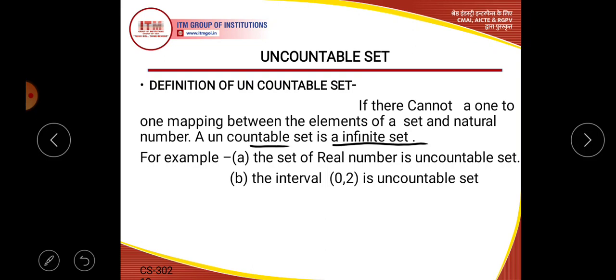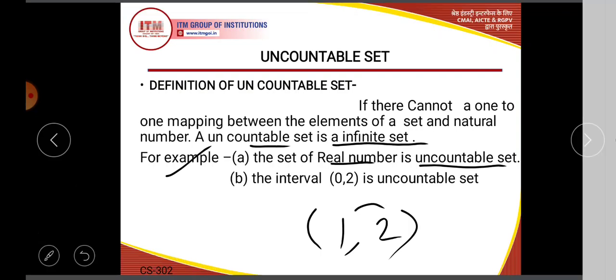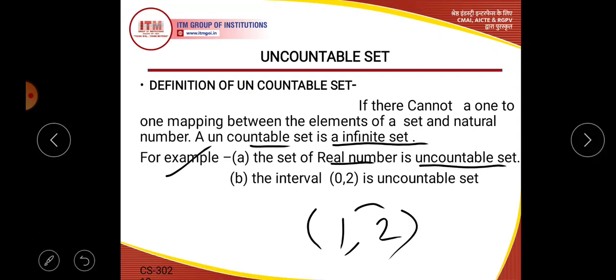Now we can understand by an example. The set of real numbers is an uncountable set, because we know that between 1 and 2 there are infinite numbers of elements. 1 and 2 are real numbers, but there are infinite numbers of elements between 1 and 2. So this set is an uncountable set.